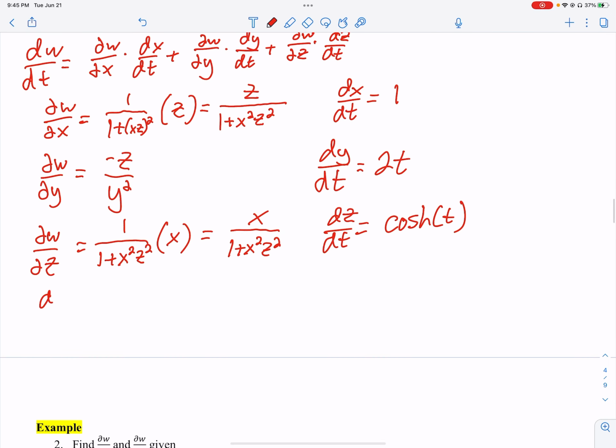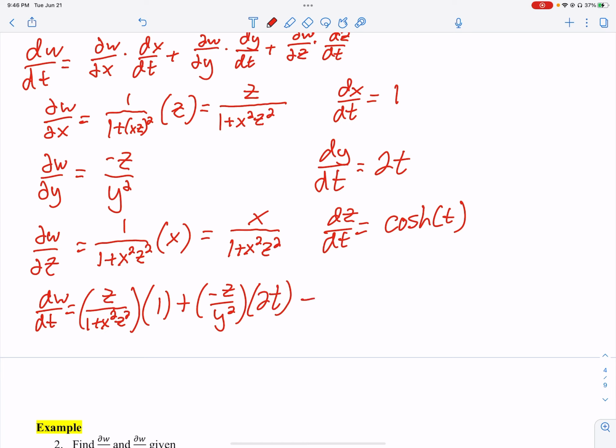So now I just fill in dw dt equals, okay, so I got z over 1 plus x squared z squared, times dx dt, that's a 1, plus negative z over y squared times 2t, plus that last one, x over 1 plus x squared z squared times cosh, or hyperbolic cosine, of t.